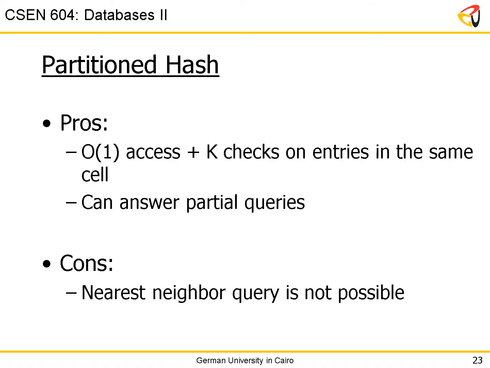So partition hash, the pros: over 1 axis plus some K checks on the entries in the same cell, obviously. Okay. Now it can answer partial queries, which is good. This is really good. Now the problem is it cannot answer nearest neighbor query. There is no notion of who's close to who.